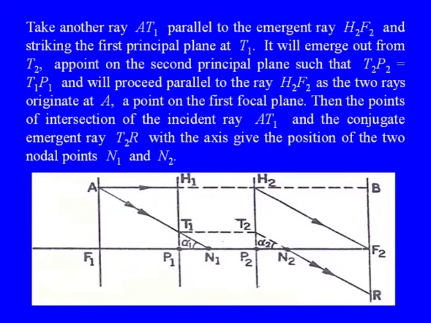Then the points of intersection of the incident ray AT1 and conjugate emergent ray T2R with the axis give the position of the two nodal points N1 and N2.